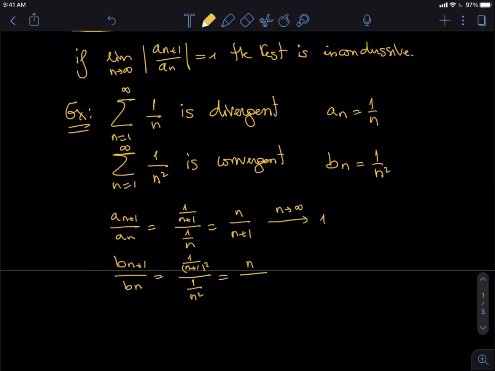That is n squared over n plus 1 squared, which as n tends to infinity also converges to 1. Okay, so what do we see here? This is the same case. The ratio converges to 1. In one case, the series is divergent, in the other one it is convergent. So that's what we mean by the test is inconclusive.